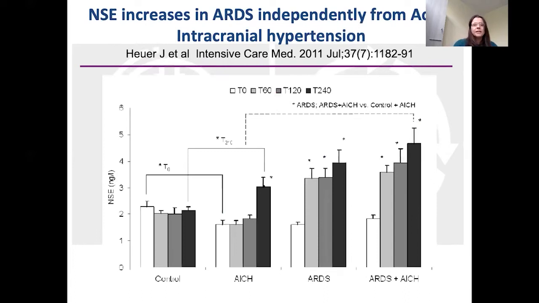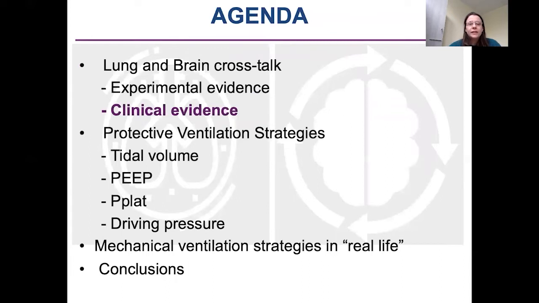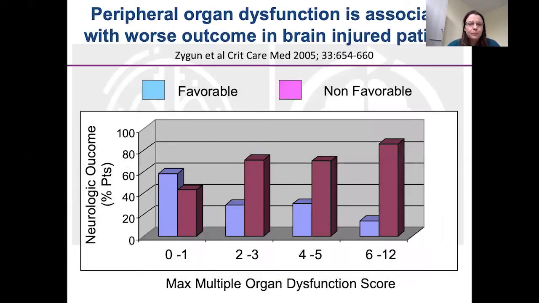And on the other hand, in the ARDS group, the presence of experimental ARDS was associated with an increase of NSE, which is a marker associated with brain dysfunction and neuronal damage, and this was independent of the occurrence of intracranial hypertension. So, important crosstalk, and this means that when we have a brain damage with a lung damage, we are really in trouble from a clinical point of view.